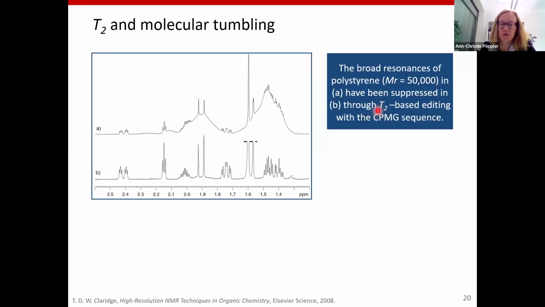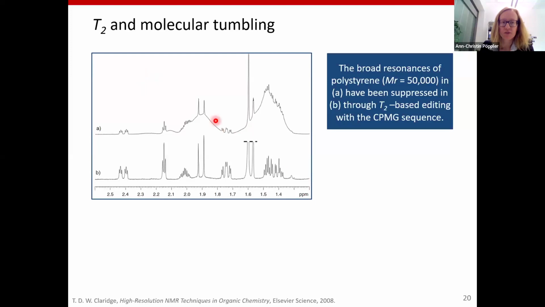So everything with a short T2 is vanishing from the experimental spectrum. And then you can see here that you can use it, for example, to distinguish between different components. And this I will also come back to later, because I also have an example for making use of some of these filtering experiments for solids.